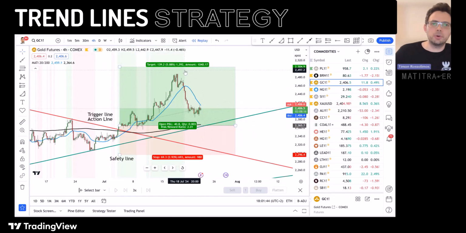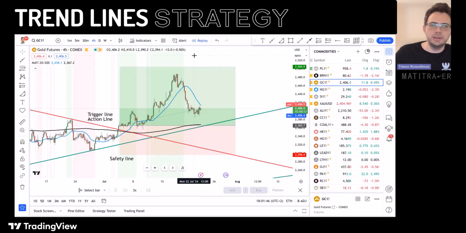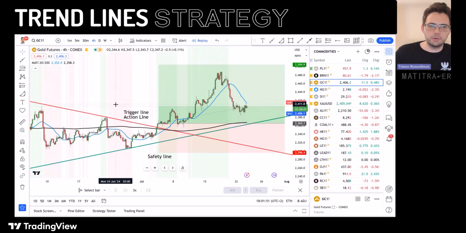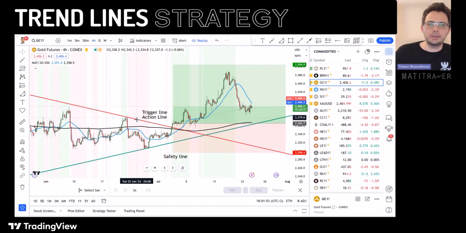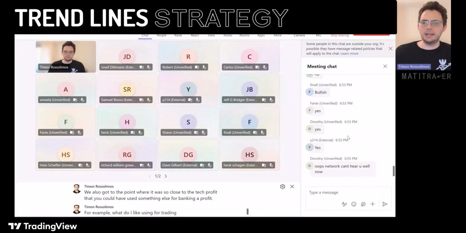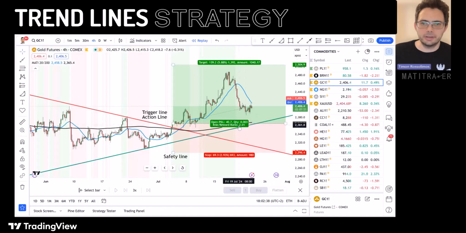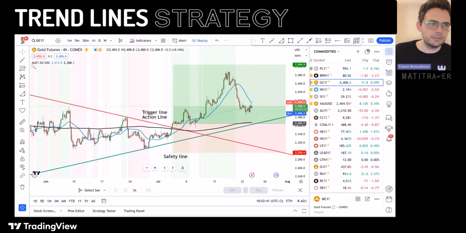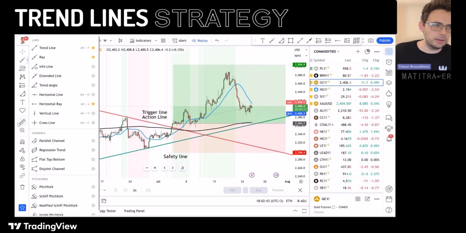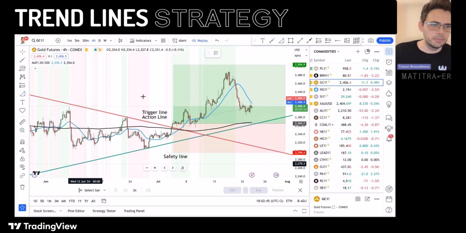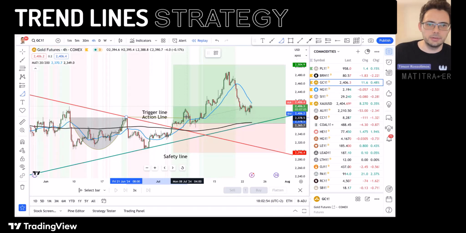We also got to the point where it was so close to the take profit that you could have used something else for banking a profit. For example, what do I like using for trading? What style of trading do I like using? So the breakout pattern, in this case, if we took the arc and we did a breakout pattern over here, and we made a W formation, just like normal.